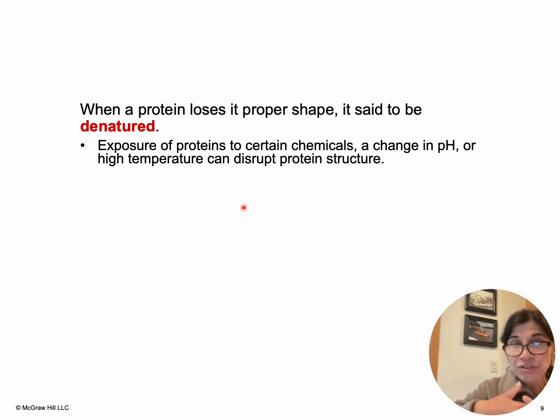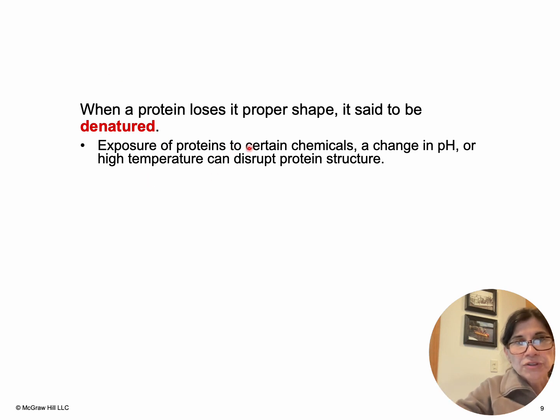That's also the danger in having a really high fever. If you have a really high fever, the enzymes that allow all the reactions to happen in your body will start to denature, and then they can't do their job anymore, because the job of a protein is based on its structure. If we start to change the shape, they can't do their job anymore.